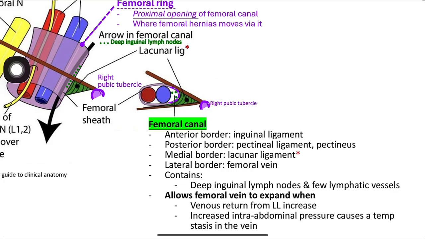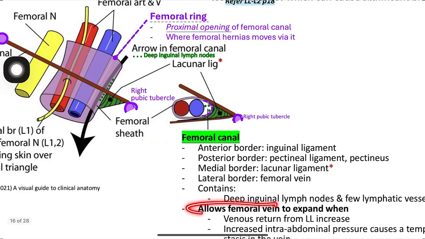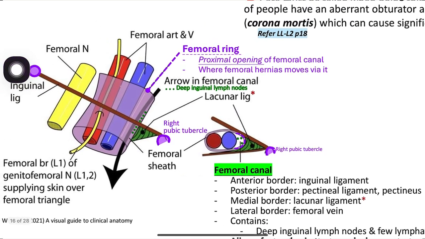And also remember, if you transiently increase the intra-abdominal pressure, it may cause a temporary stasis inside the vein. So this gives some room to accommodate any changes if required. That's why we need to allow the femoral vein to expand inside this femoral canal.